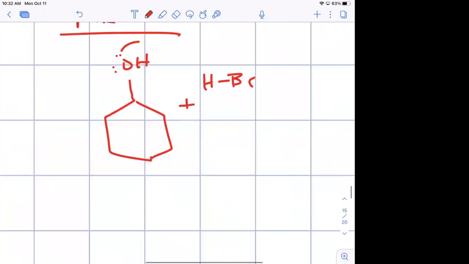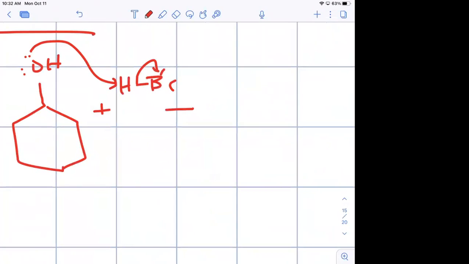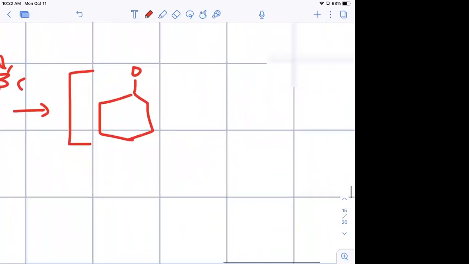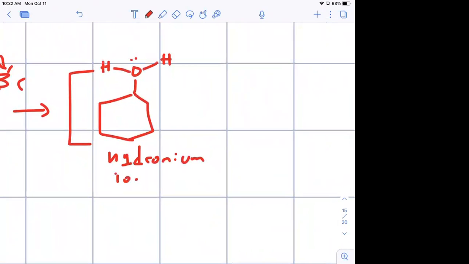This is going to attack here. You're going to lose the bromine, so you end up with the hydronium ion, which leaves, right? We talked about that already. You lose your leaving group. I think I heard you say that, Eli.